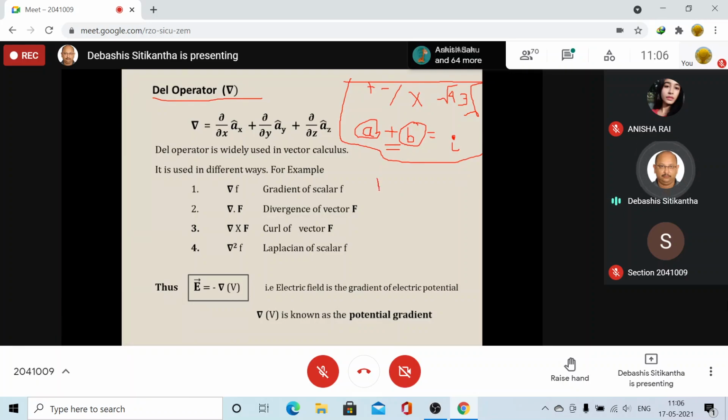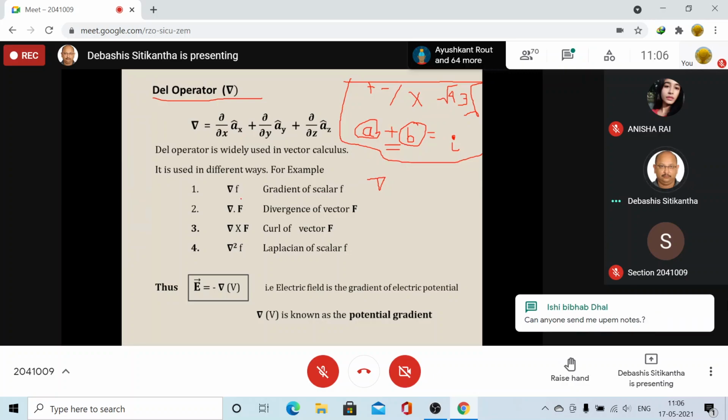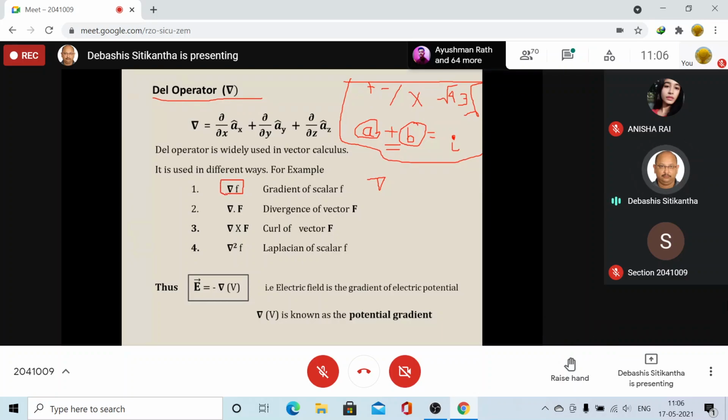And among them, one of the most popular is the del operator. This del operator can be used in different ways. If I am writing del f, this is known as the gradient of the scalar f. That means when I write del simply on the left hand side of a scalar quantity, it is known as the gradient of the scalar quantity f. And in this case, it results in a vector quantity.